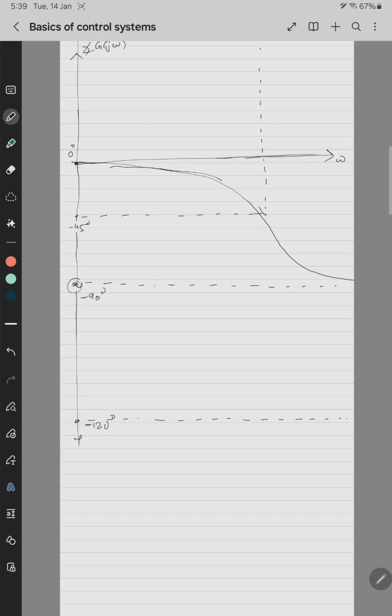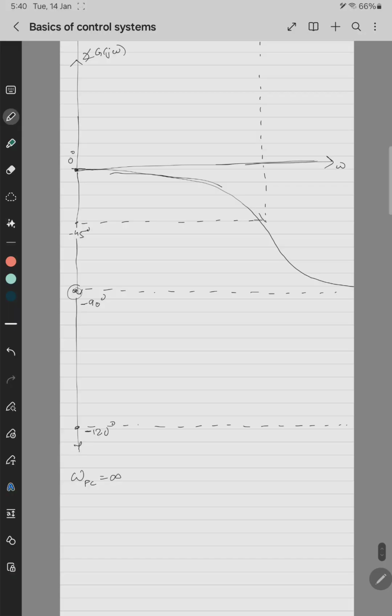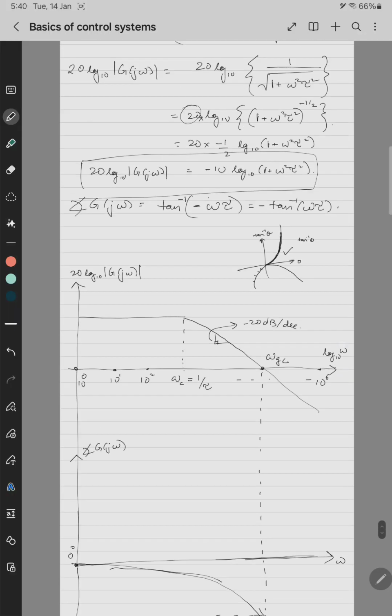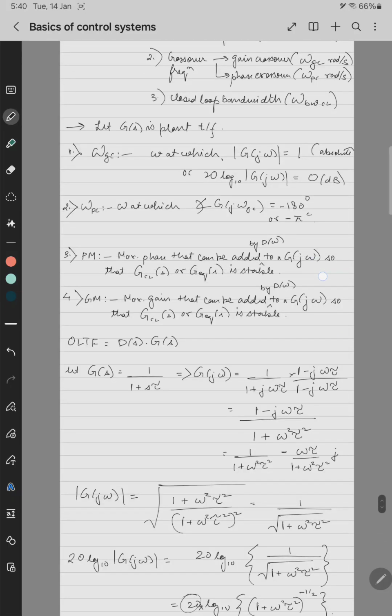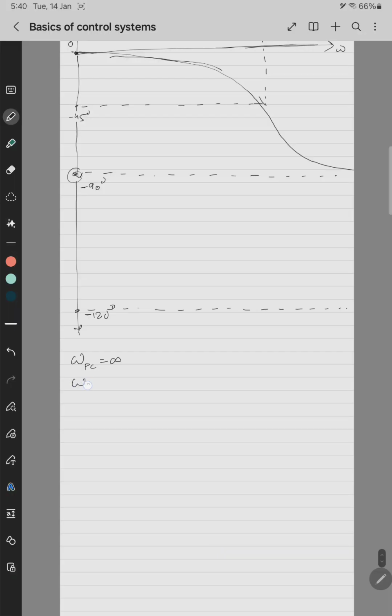So it touches infinity. So in this case, omega pc is infinite because it is almost parallel to it. The phase plot does not cut the minus 180 degree line. Phase crossover frequency is infinite. Gain crossover frequency is 1 by tau.